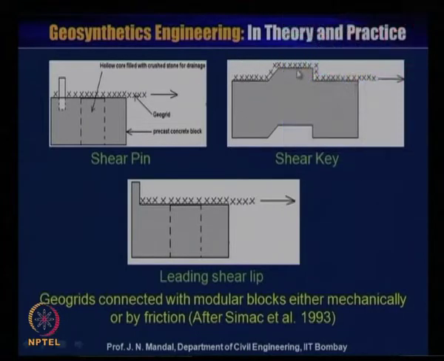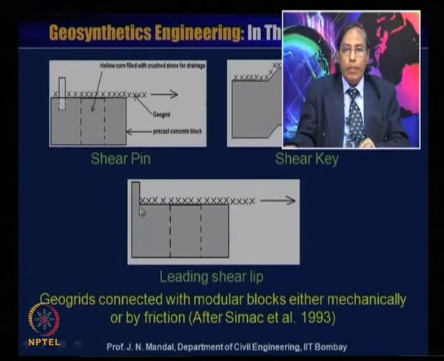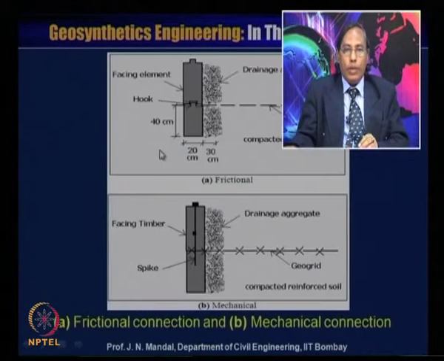Here the shear key, you can see like this, geogrid material placed like this and like this. So here it can act as a shear key, here as a shear pin, and sometimes you can also have a shear lip like this. So this geogrid is connected with the modular block, either mechanically or by friction.